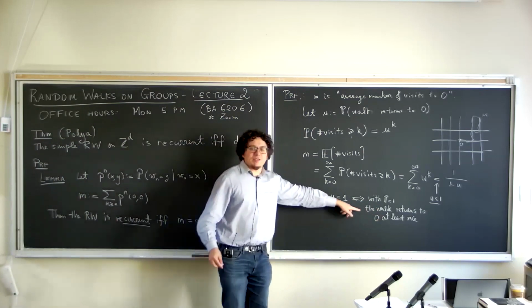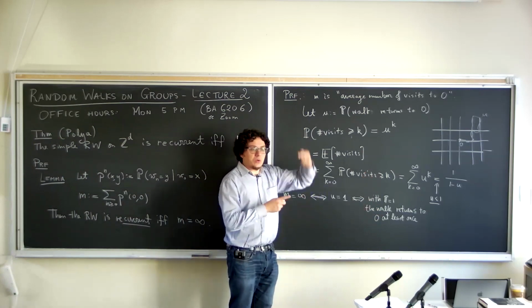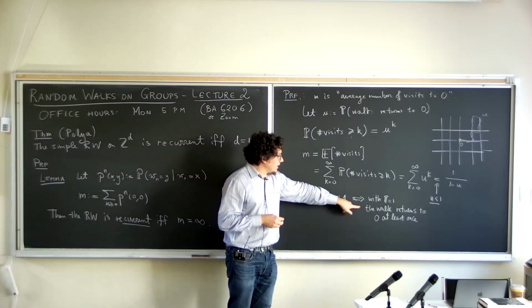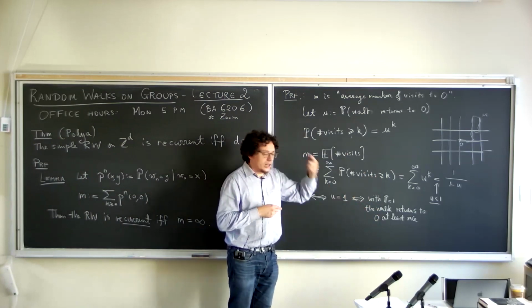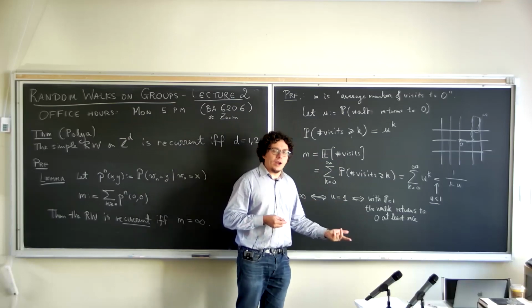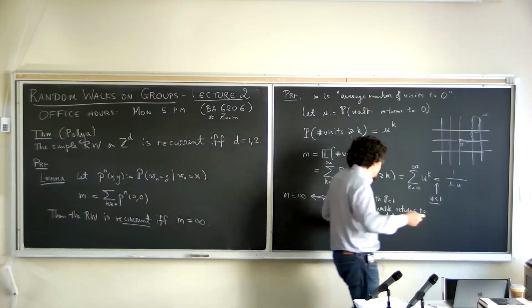But then again, this is a random walk. So if it returns with probability 1 at least once, then you can repeat the same process. And the second return also happens with probability 1. And so you have an intersection of sets of probability 1, so it has probability 1.